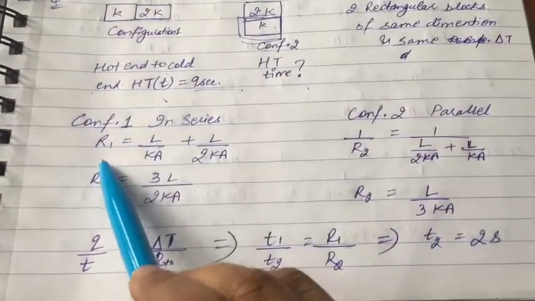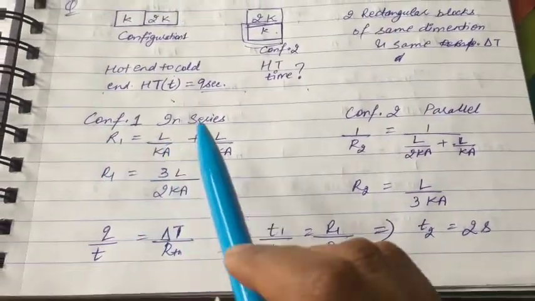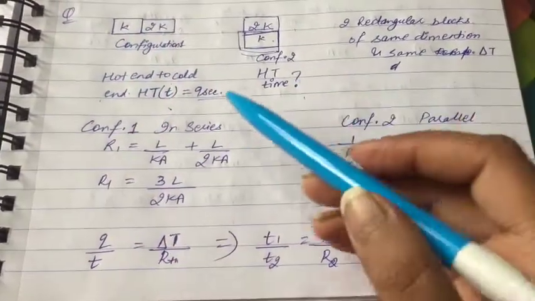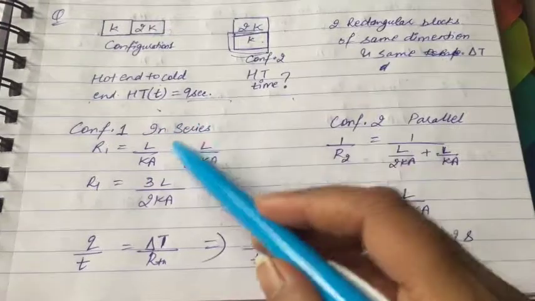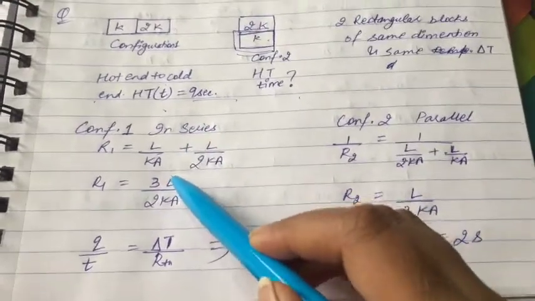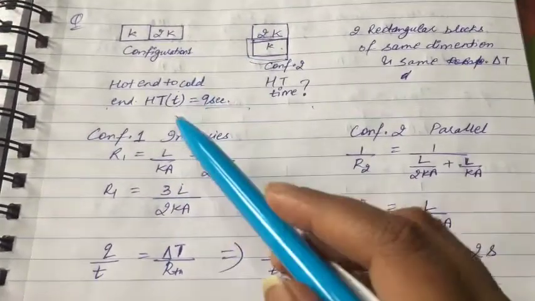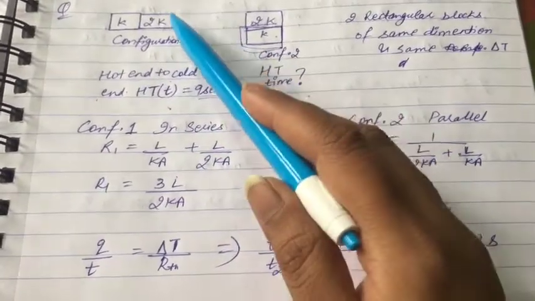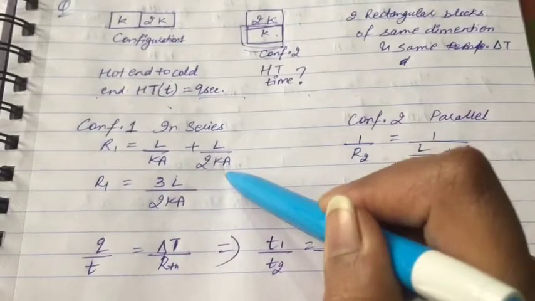So to calculate overall resistance, we would add the resistance of slab 1 and slab 2. So resistance is L by Ka, conductive resistance L by Ka, and plus for slab 2 resistance is L by 2Ka.